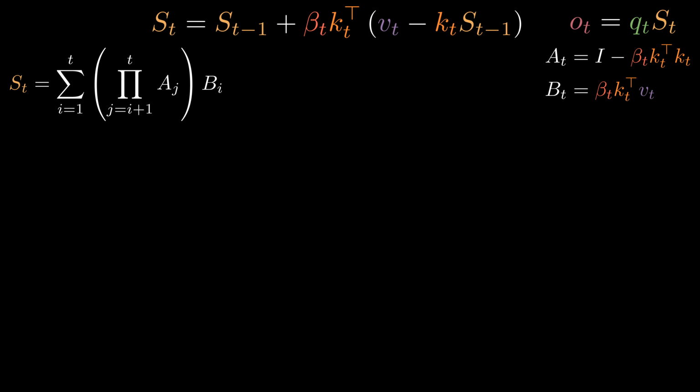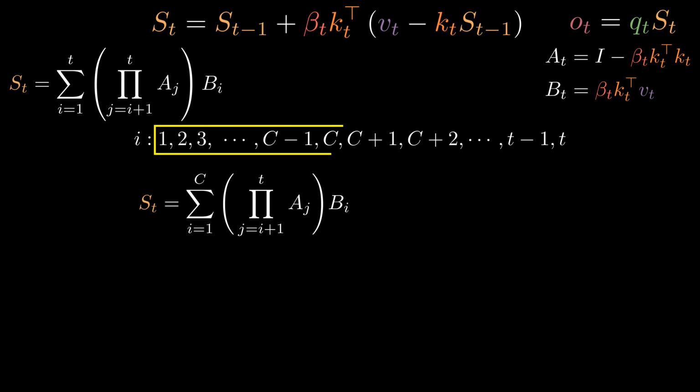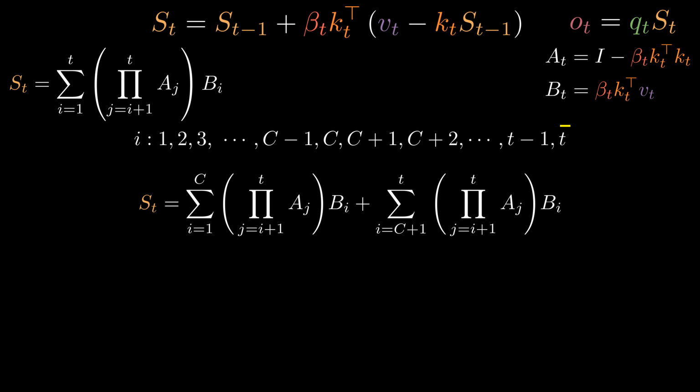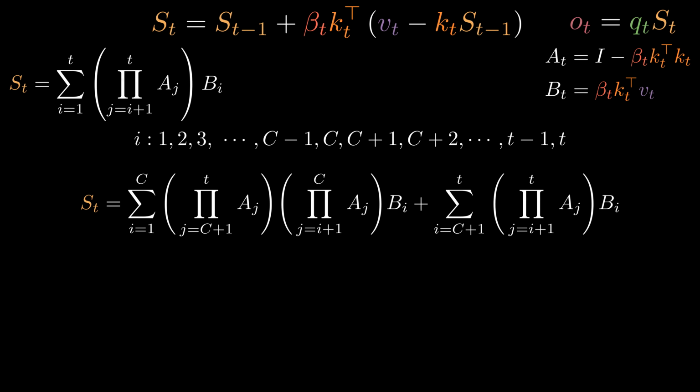Since the matrix S_t consists of t terms, we can decompose them into two parts. The first part consists of terms from the first chunk. The second part consists of the remaining terms from C plus 1 to t. Similarly, the multiplications of the matrix A_j for j from i plus 1 to t can be decomposed into two parts as well.